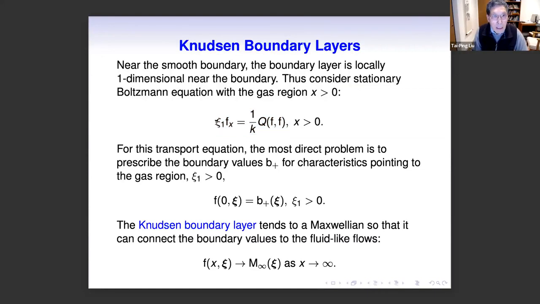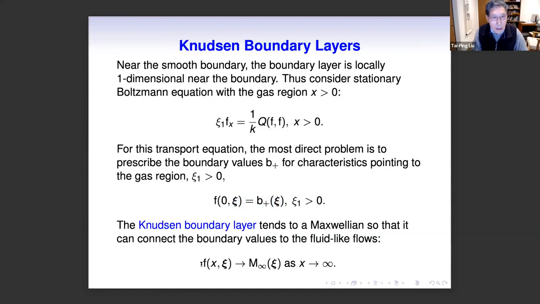This is a hyperbolic equation, at least for the Hard-field case, with characteristic velocity xi_1. So on the boundary, you should pose boundary conditions for the characteristics which go into the gas, that is, for xi_1 positive.